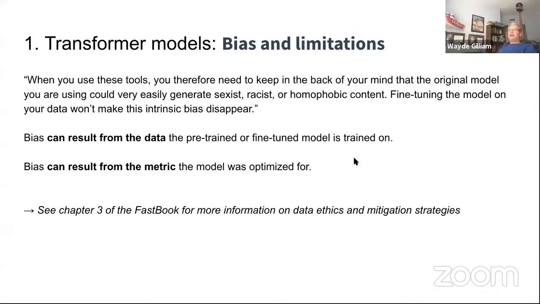And then the last part of this section is bias and limitations. It's just something to be aware of when you're building models, especially when you're using pre-trained models that others have made, that more than likely there's going to be some form of bias in the model based on the data it was trained on, or even the metric it was optimized for.